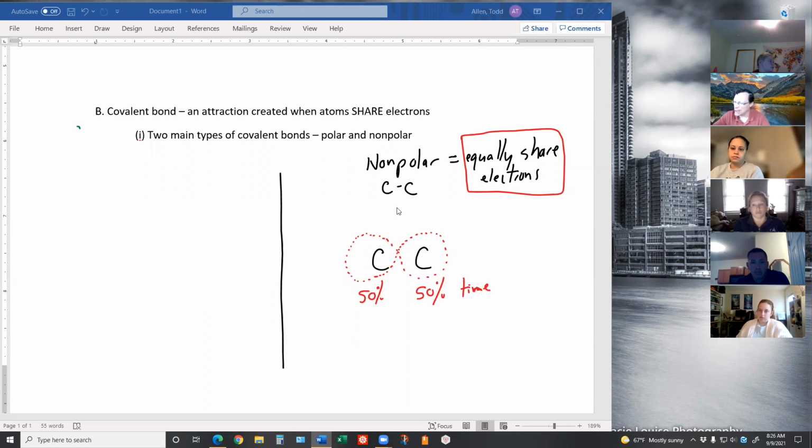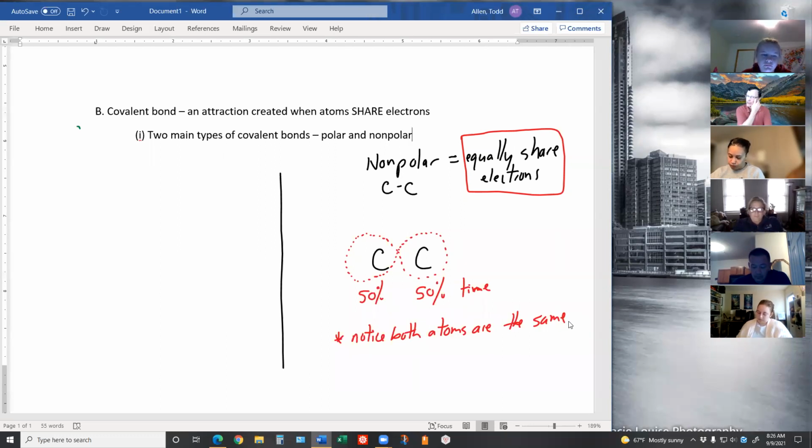It's kind of like having a tug of war with a clone of yourself. Think about what that would mean. Let me just put that down here. Notice both atoms are the same.